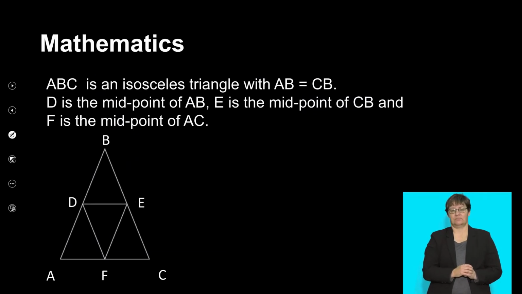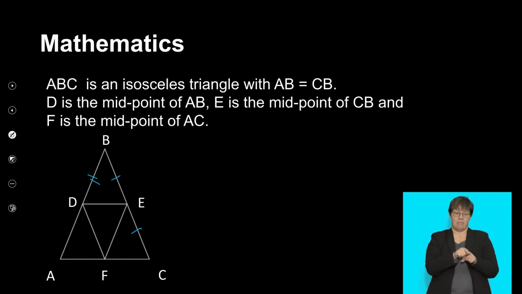Now, the question says ABC is an isosceles triangle with AB equal to CB, right? And if that is the case, we know that this will be equal to that, which means it's an isosceles triangle, because there might be a midpoint somewhere there.